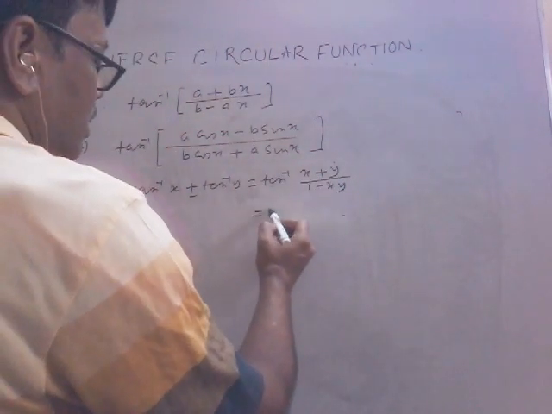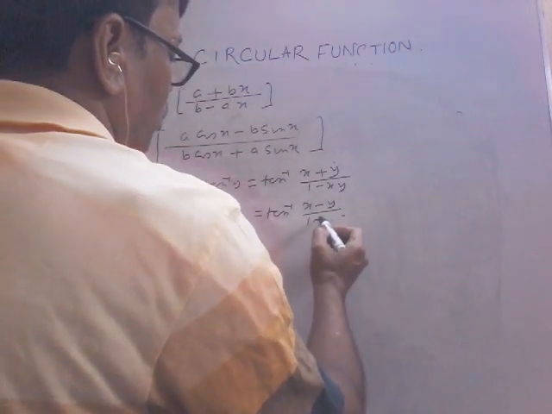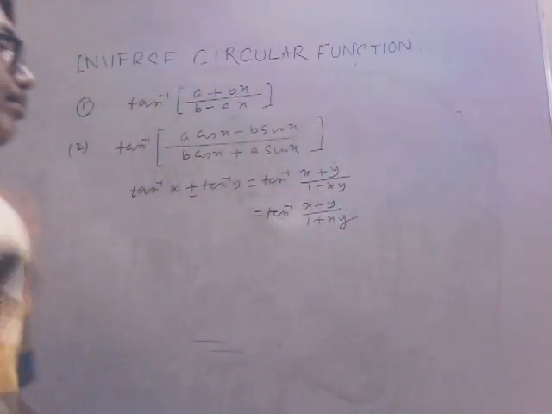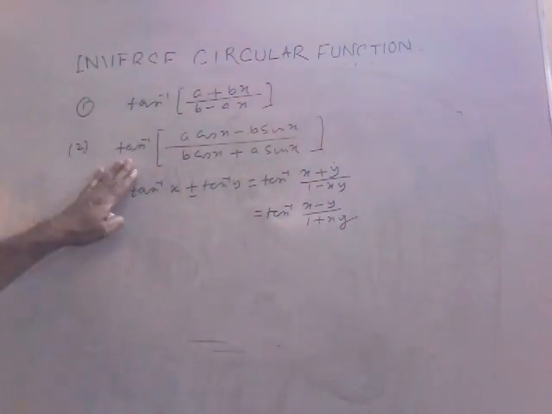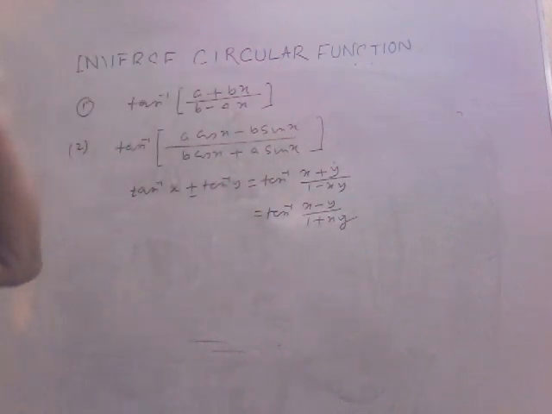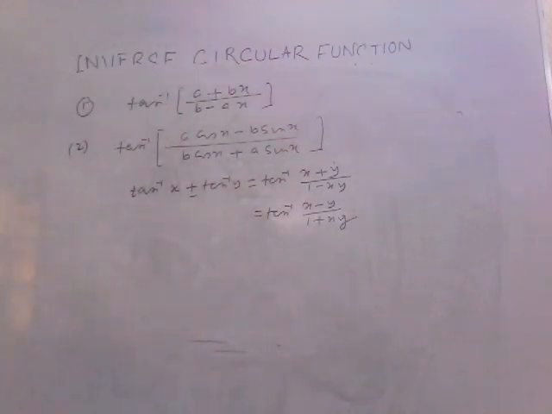If it is minus, x minus y by 1 plus xy. Now you have to express this compact form in terms of the difference of 2 tan inverse or the sum of 2 tan inverse.